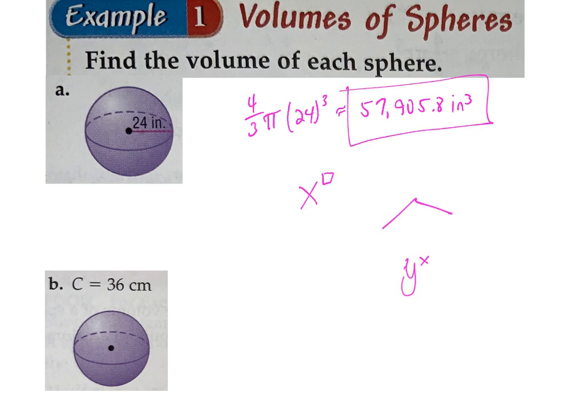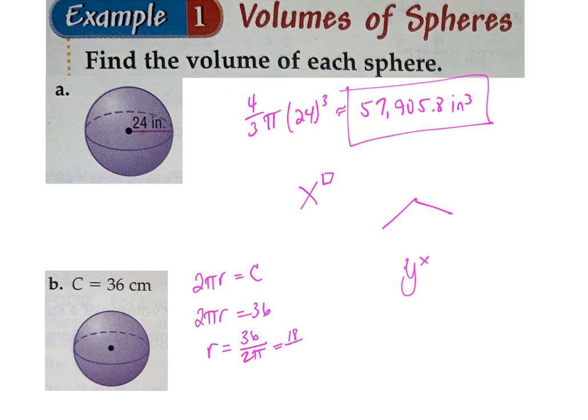The next one, they gave us the circumference, and we need the radius. How do we find the radius if they gave us the circumference? Divide by pi, then divide by 2. Right, so the circumference formula is 2 pi r equals your circumference. So if you just plug that in, then to find your radius, you just say 36 over 2 pi, right?